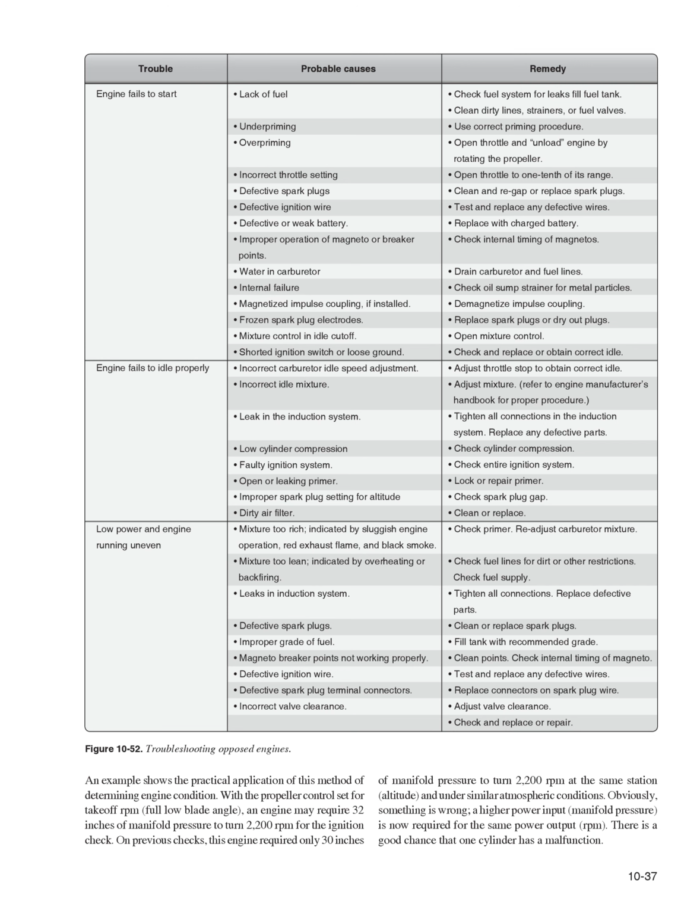On previous checks, this engine required only 30 inches of manifold pressure to turn 2,200 revolutions per minute at the same station, altitude, and under similar atmospheric conditions. Obviously, something is wrong. A higher power input, manifold pressure, is now required for the same power output, RPM. There is a good chance that one cylinder has a malfunction.